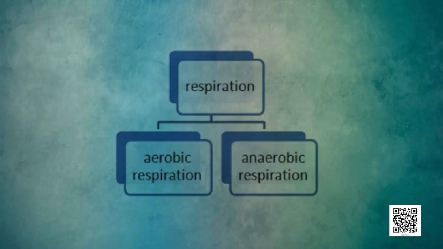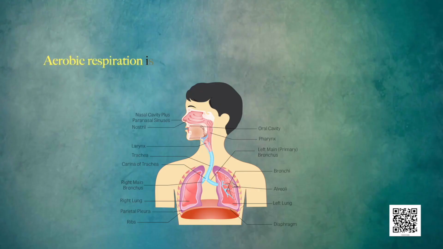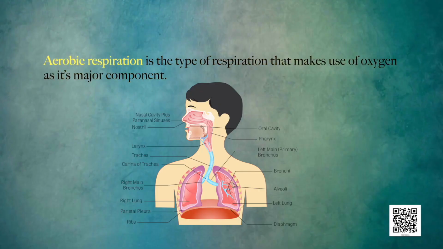Broadly, respiration can be classified into two types: aerobic respiration and anaerobic respiration. Aerobic respiration, as the word indicates, being aerated. Aerobic exercises, aerobic dance, you must have heard of all of them. That is because it involves oxygen as the major component. So basically aerobic respiration is the type of respiration that makes use of oxygen as its major component.